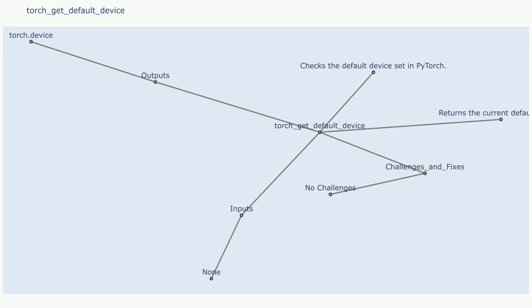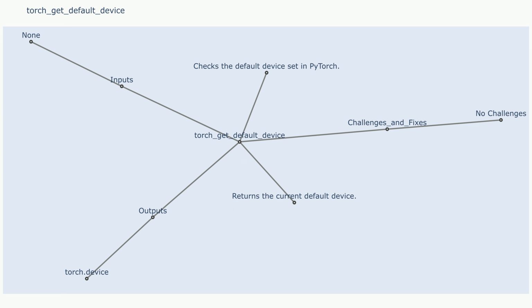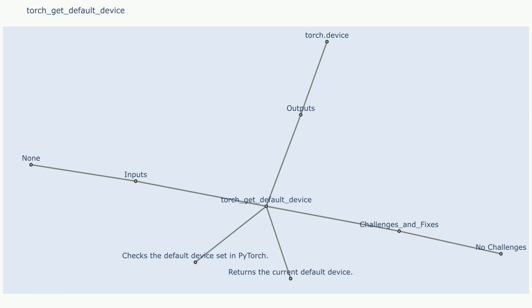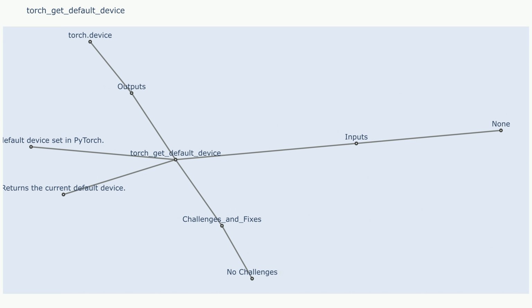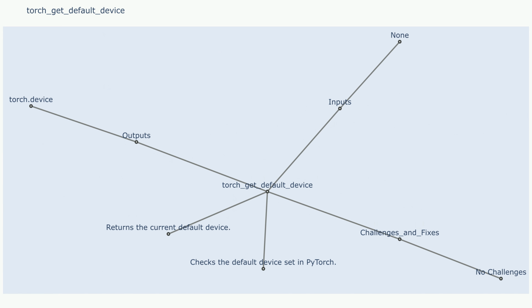Sample use case that resulted in challenge 2: you have 2 GPUs, but you want to use the second GPU for your computations. Fixes: use the torch.cuda.set_device function to set the desired GPU as the default device. Manually specify the desired GPU for your tensors and operations using the torch.device object.